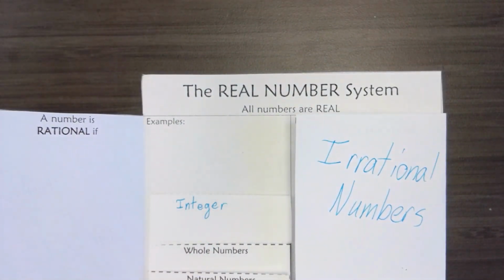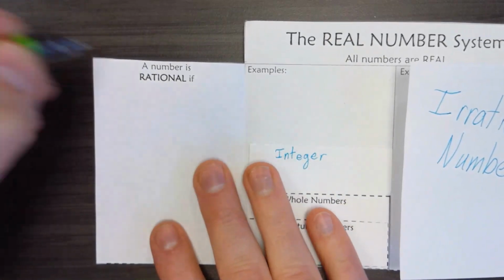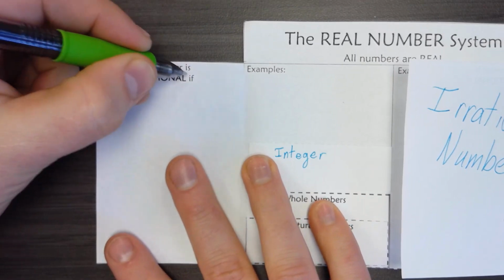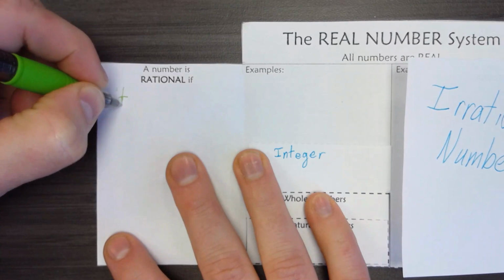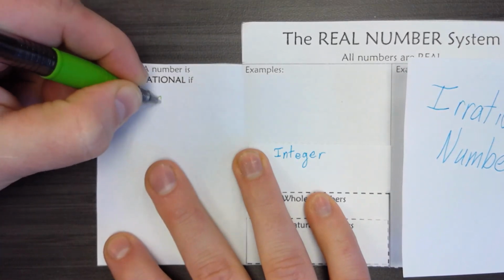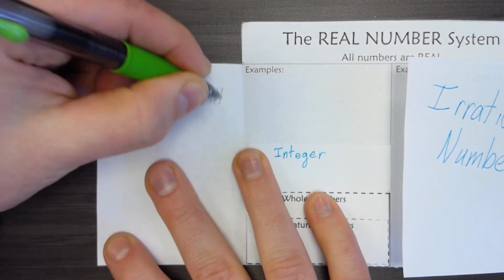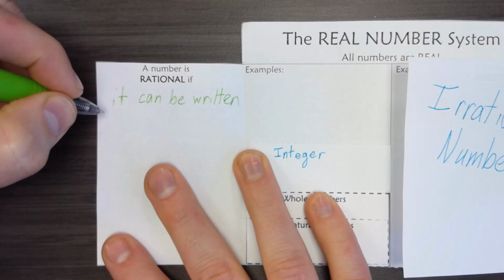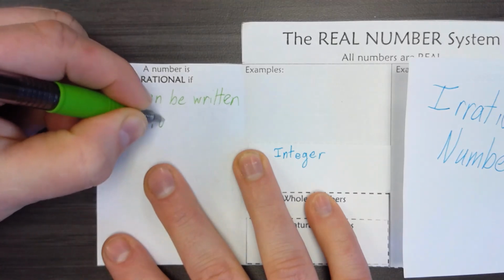Now, let's first define what a rational number is, okay? A number is rational if it can be written as a ratio.